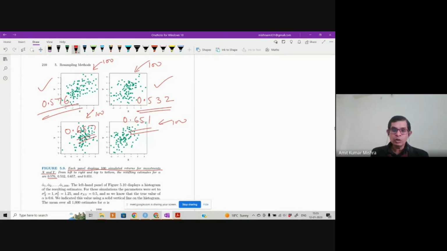Now what we want: if we simulate this data many times and find alpha 1 hat, alpha 2 hat, up to alpha 1000 hat, that means you repeat this process 1000 times.